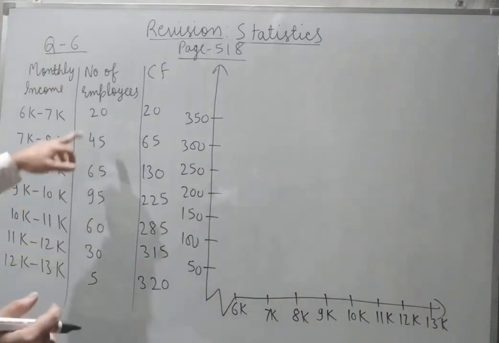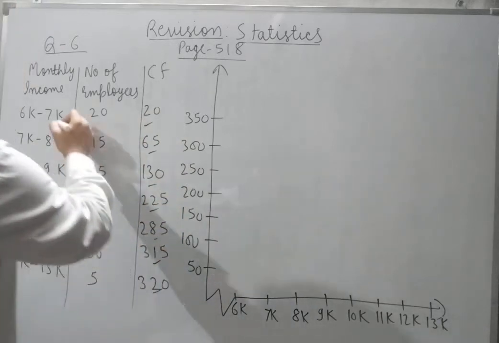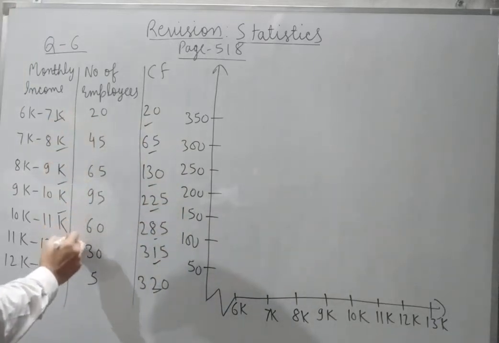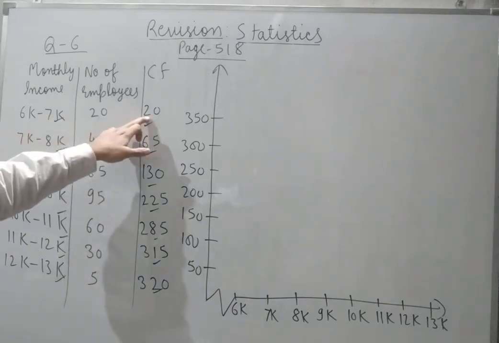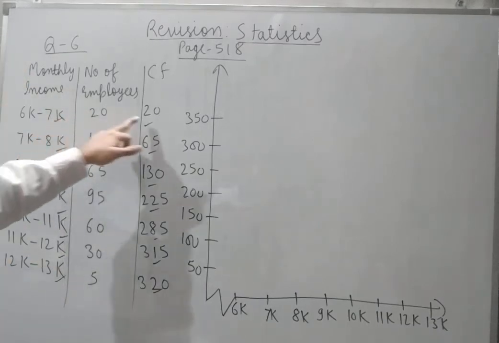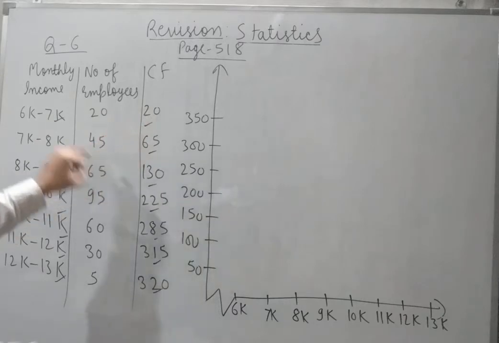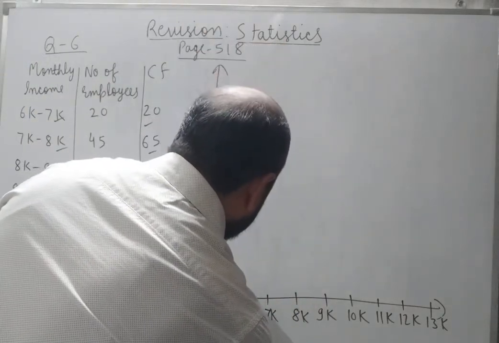Okay. Each cumulative frequency will be plotted against the upper limit of each class interval. So the first value is 7000, 20. So 7000 on the x-axis and 20 on the y-axis. 20 will be maybe here.